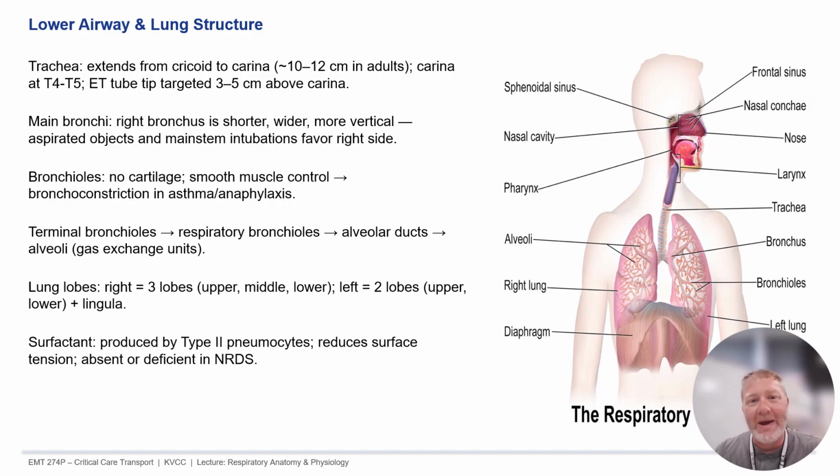Those provide the massive surface area required for efficient gas exchange. Type 1 pneumocytes form the thin wall across which gas diffuses. Type 2 pneumocytes produce surfactant, which reduces surface tension and keeps the alveoli from collapsing at end inspiration.